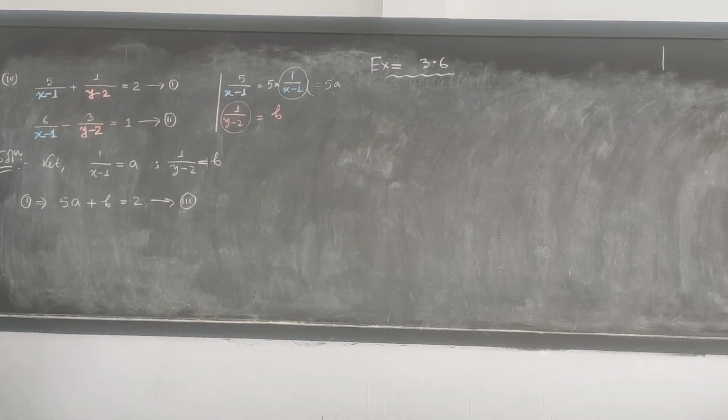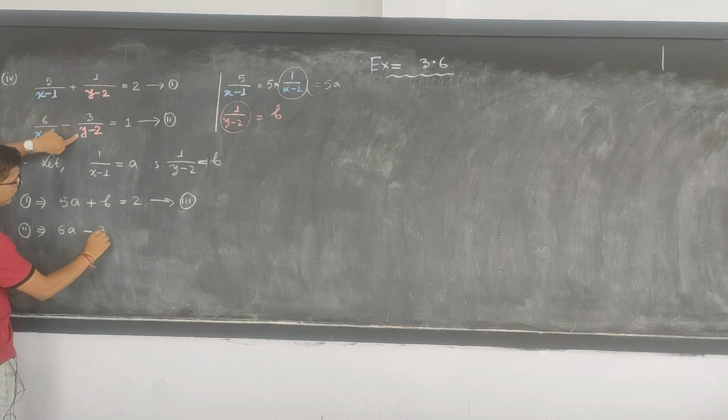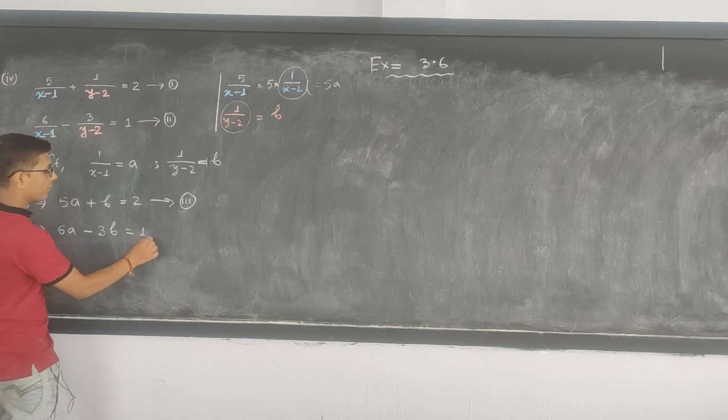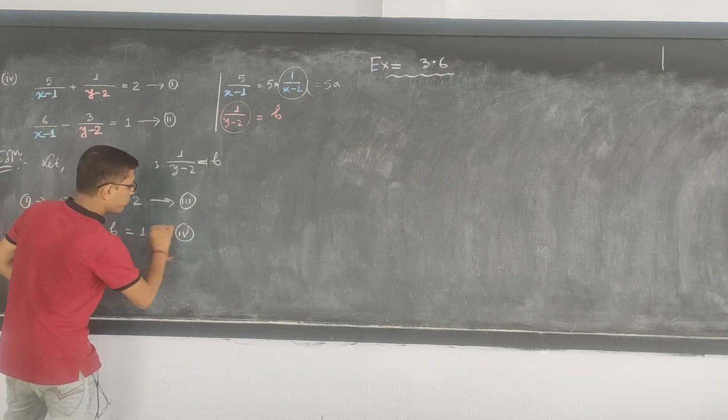Now look at this equation 1, it becomes 5a plus b is equals to 2, equation number 3. Similar way, equation 2, it becomes 6a minus 3b will become 1, that is equation number 4.